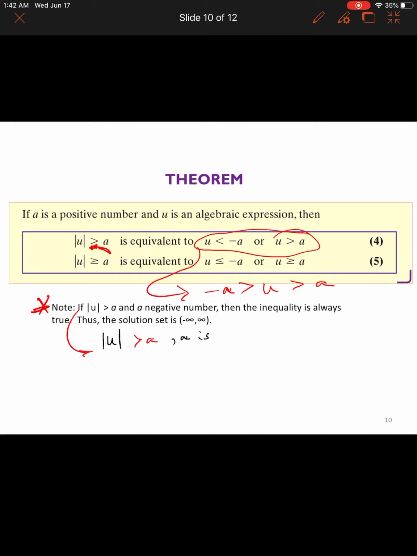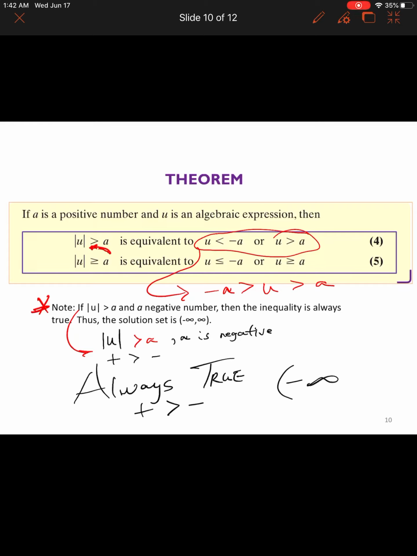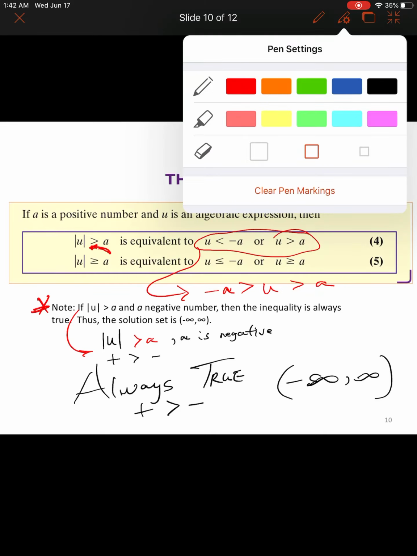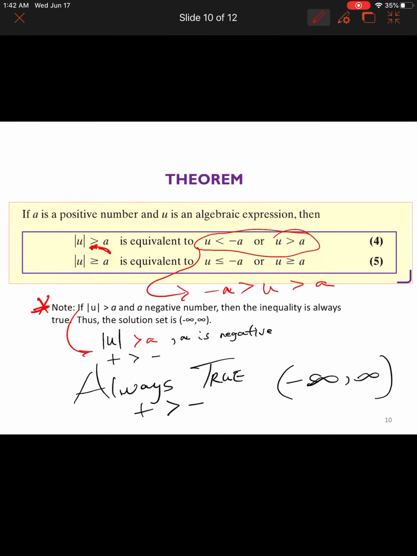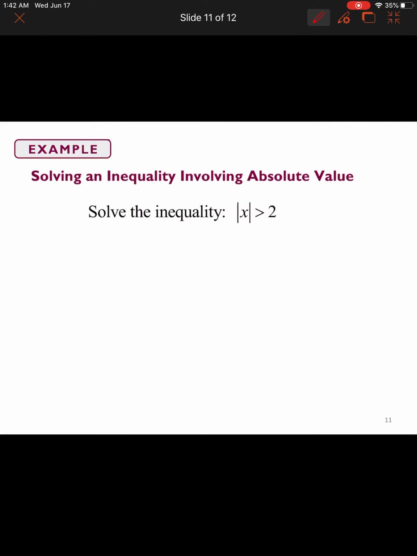And if a is negative, it said assume a is negative. So you have something that's positive greater than something that is negative. That's always true. Positive is always greater than negative. So your solution would be all real numbers. Alright? Don't say I did not tell you. That's how my niece would say it. Don't say I ain't tell you.